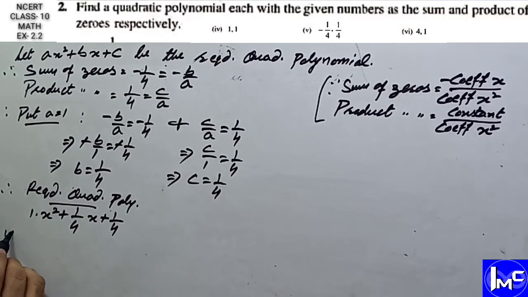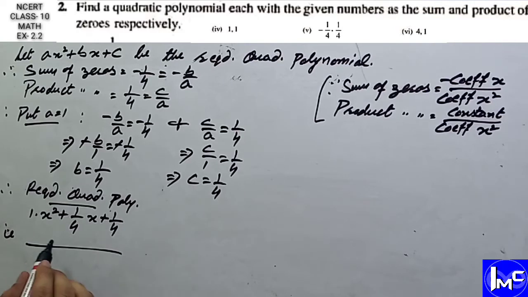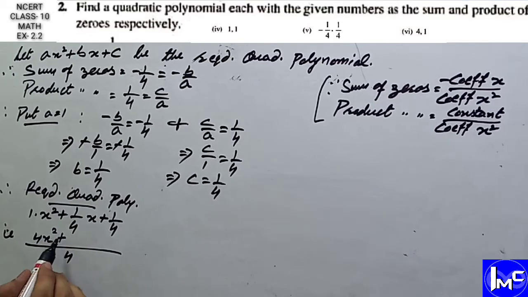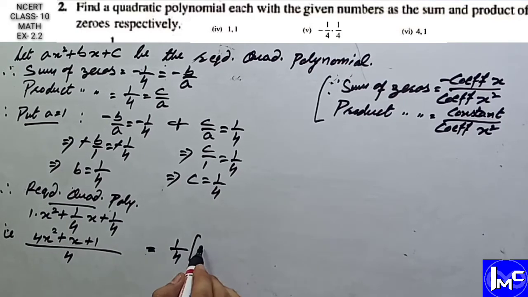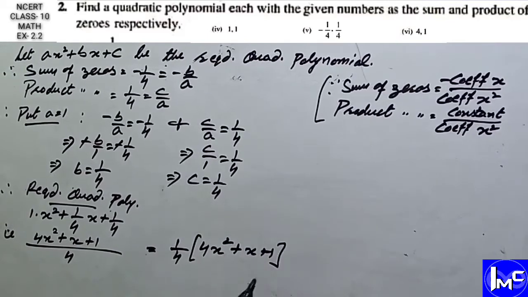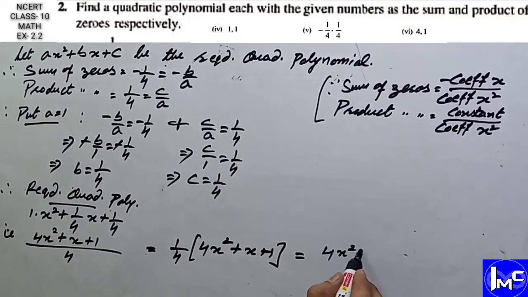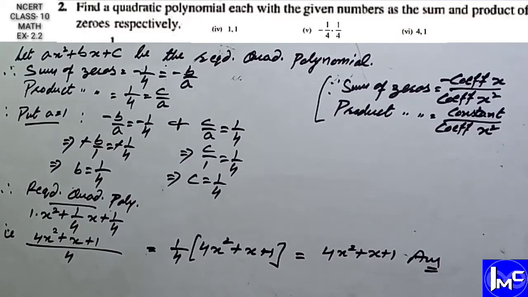Again, if we take LCM on this side, that will be 4x square plus x plus 1, and it can be written as 1 by 4 times 4x square plus x plus 1, and by omitting this constant term we will get 4x square plus x plus 1 as answer.